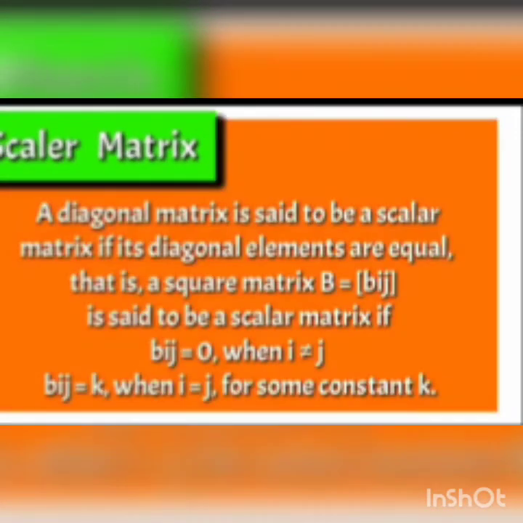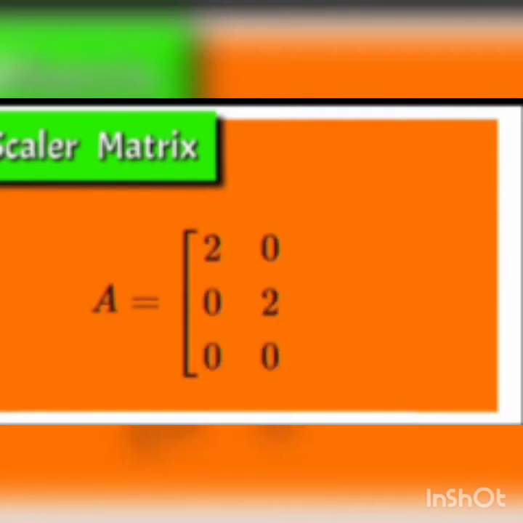The next type of matrix is the scalar matrix. A diagonal matrix is said to be a scalar matrix if its diagonal elements are equal. That is, a square matrix B equal to [bij] is said to be a scalar matrix if bij is equal to 0 when i is not equal to j, and bij is equal to k when i is equal to j.